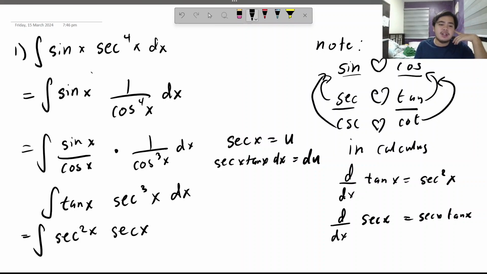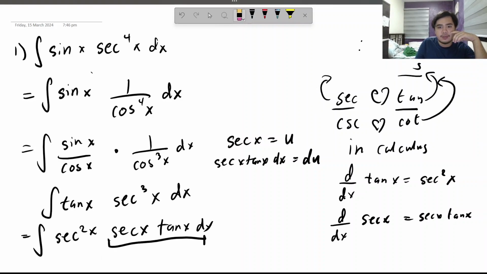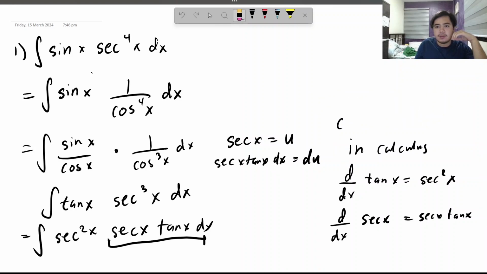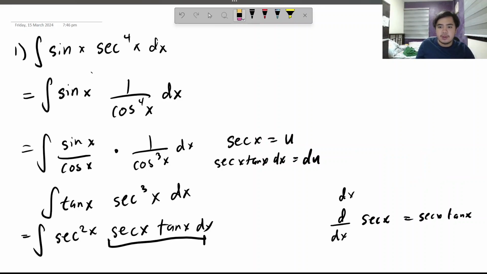Secant x here, and then tangent x here, dx. This then becomes du. Let me erase this one. Alright. There. Okay. So, the secant x tangent x dx becomes du.